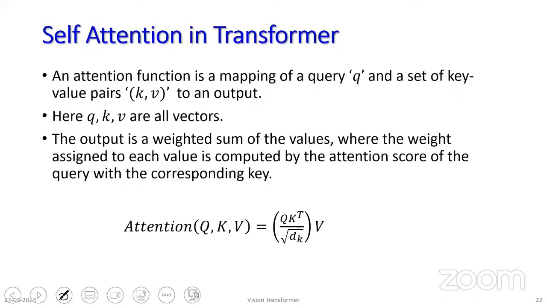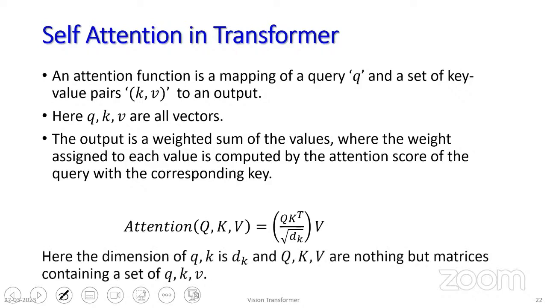So attention Q, K, V basically looks like this: softmax of Q K transpose over root dk, times V. Here the dimension of Q and K is dk, and Q, K, V are matrices containing the set of queries, keys and values. As I told you, we do the computation in parallel because there are n multi-head attentions, so all the attentions are computing in parallel.